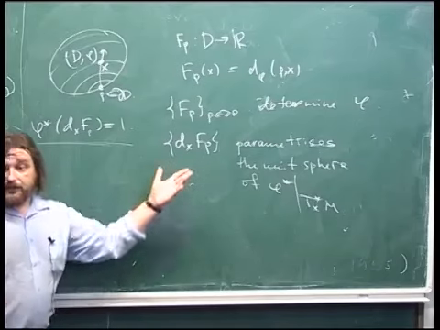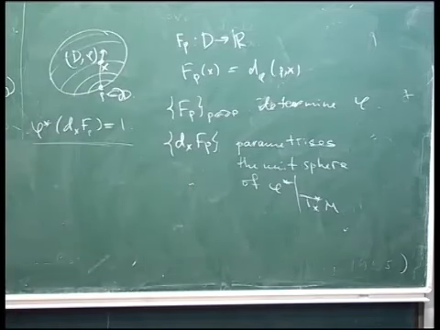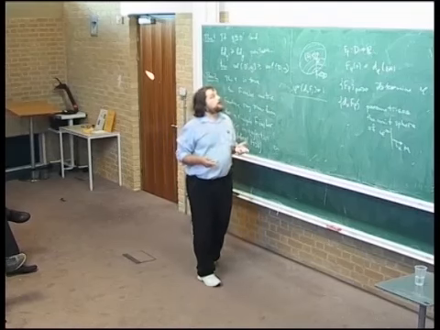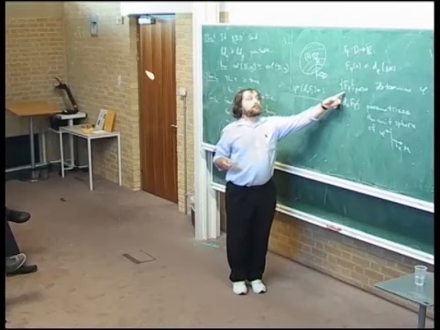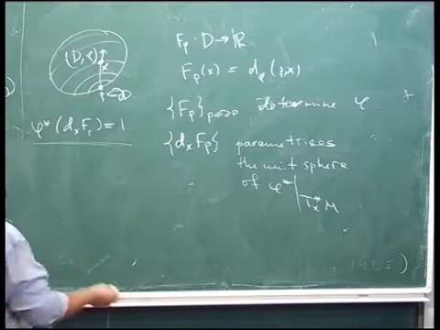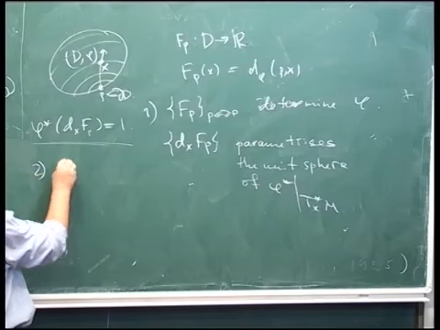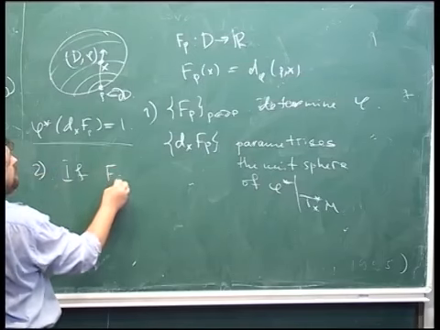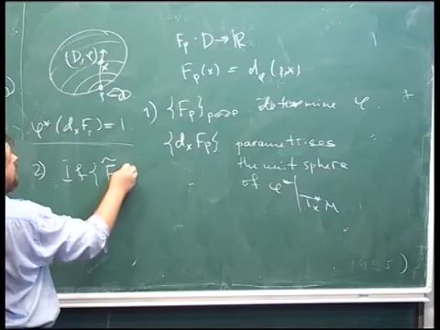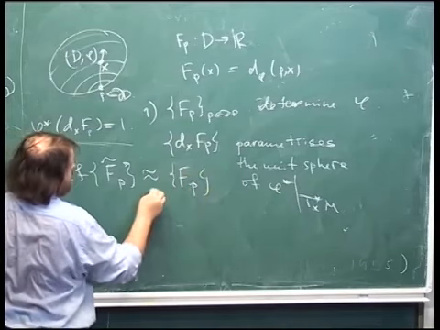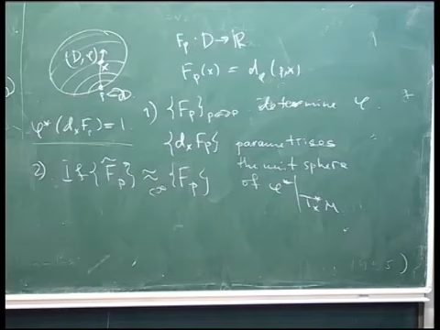So if you know all this, you know the dual norm, and by duality you know the Finsler metric. This is the first observation. And the second observation is that if you have another family of functions, f prime twiddle, which is close to our original family in C infinity, actually you need 3 derivatives.